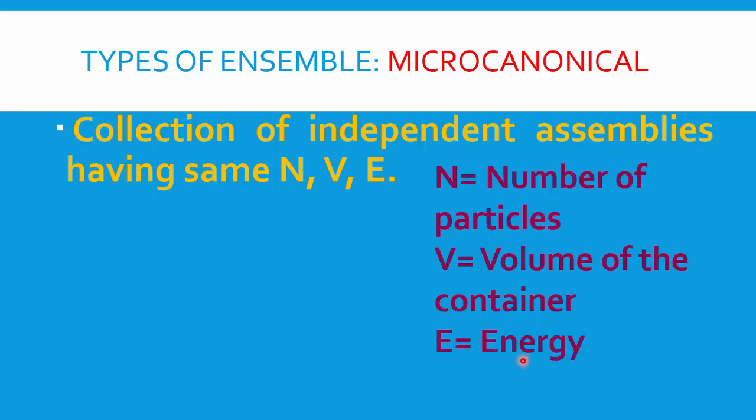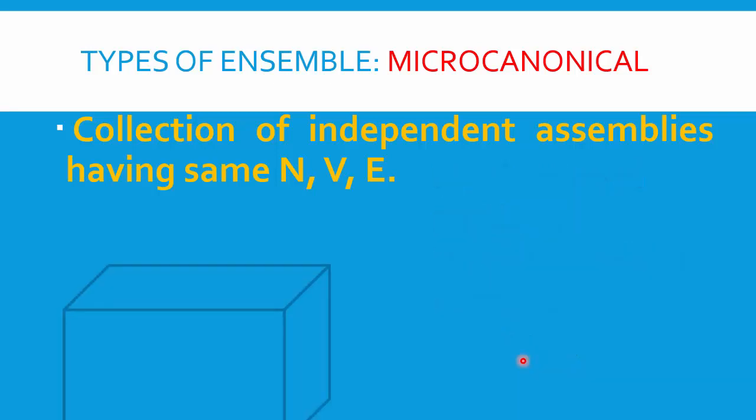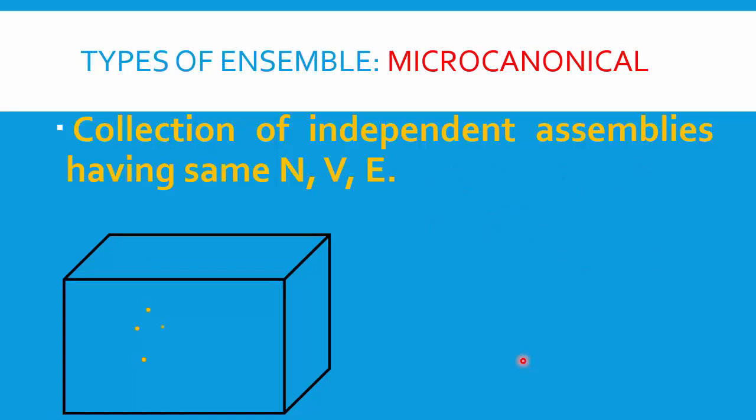For each picture, if the number, volume and energy remain the same, but some other parameters are changing, then that collection of information is called a microcanonical ensemble. Here N stands for the number of particles, V for the volume of the container, and E is the energy.